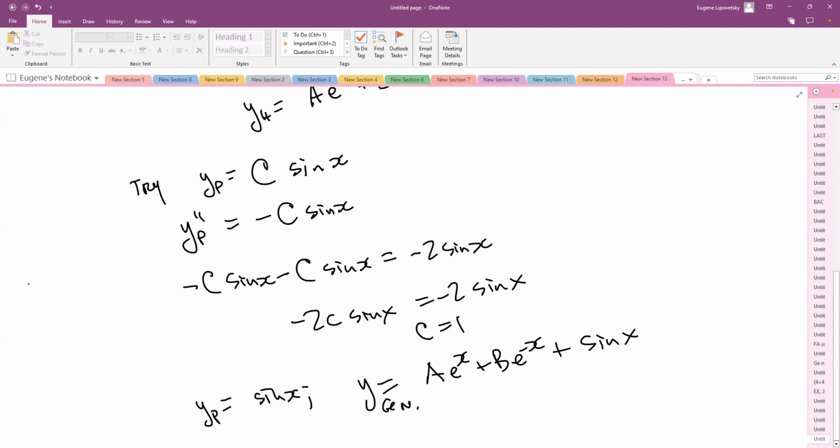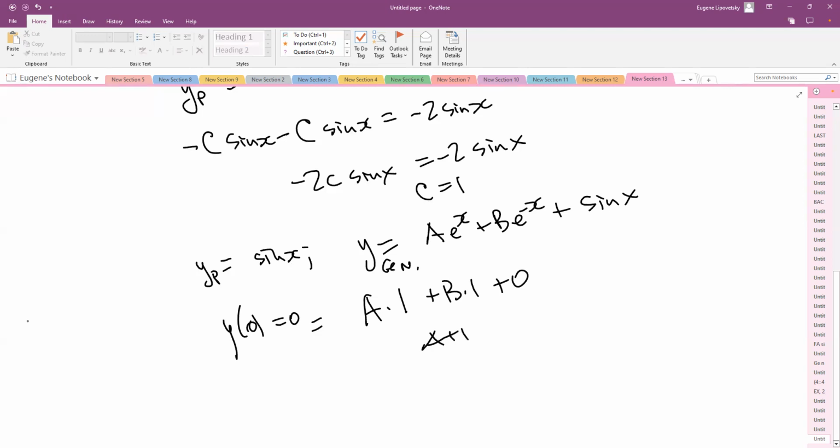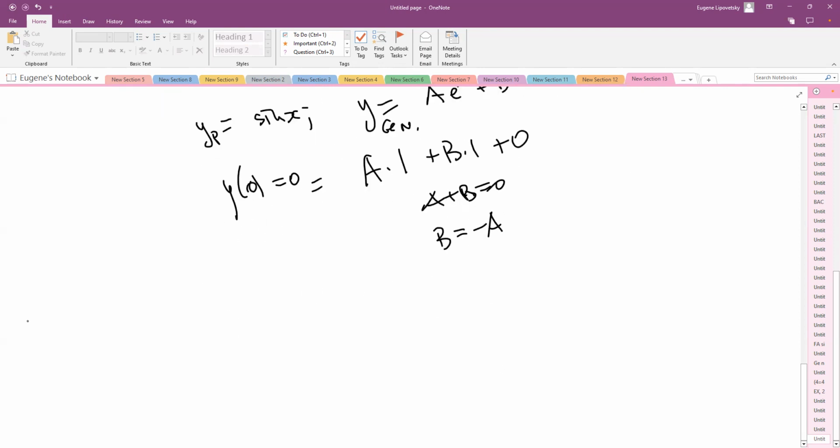Now we use the boundary conditions. y of 0 is supposed to be equal to 0. And that will be a times 1 plus b times 1 plus 0. Therefore, a plus b is 0, and b equals minus a. So y general becomes, at this point, a times e to the x minus e to the minus x plus sine x.